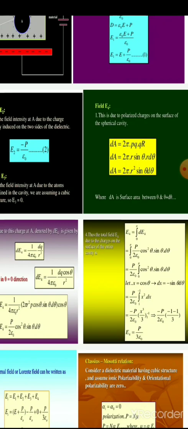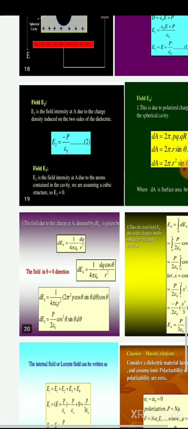Substituting the values minus 1 and 1, we get minus 1 by 3 minus minus 1 by 3, which becomes minus 2 by 3, times P by 2 epsilon naught. Minus into minus becomes plus, so 2P by 3 into 2 epsilon naught, the 2 gets cancelled. E equals P by 3 epsilon naught.